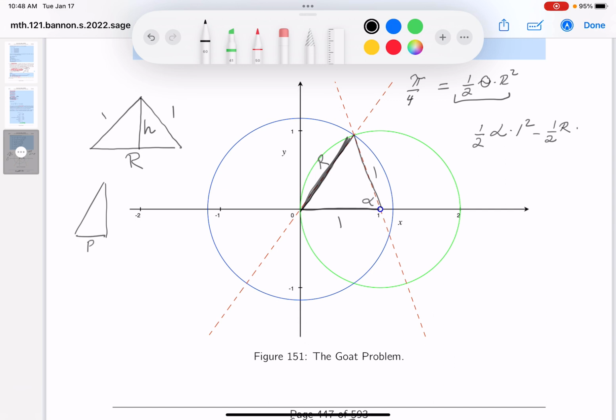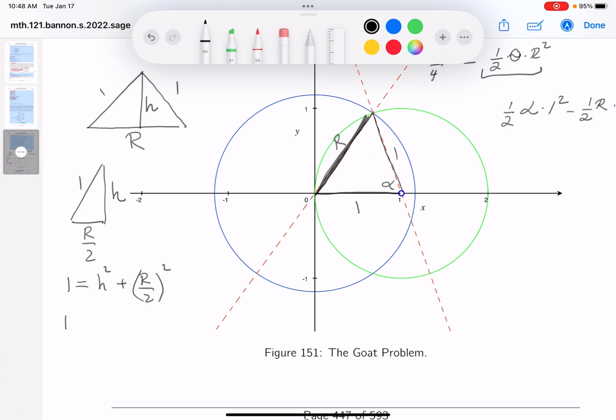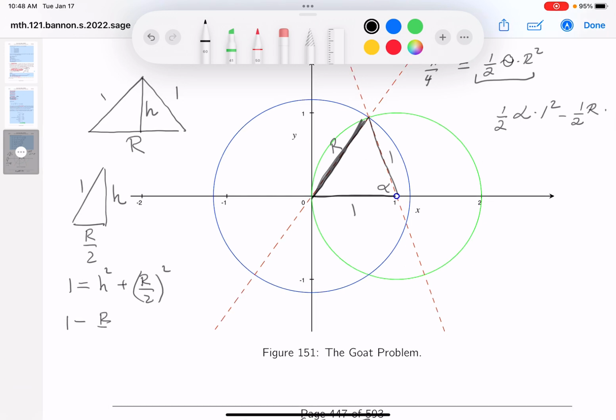So this is going to be R over 2. This is 1. This is H. I can use the Pythagorean theorem. What do you get? 1 squared, which is 1, equals H squared plus (R over 2) squared. So you would get 1 minus (R over 2) squared equals H squared, where H would equal, and remember it's a physical dimension, the root of 1 minus (R over 2) squared.